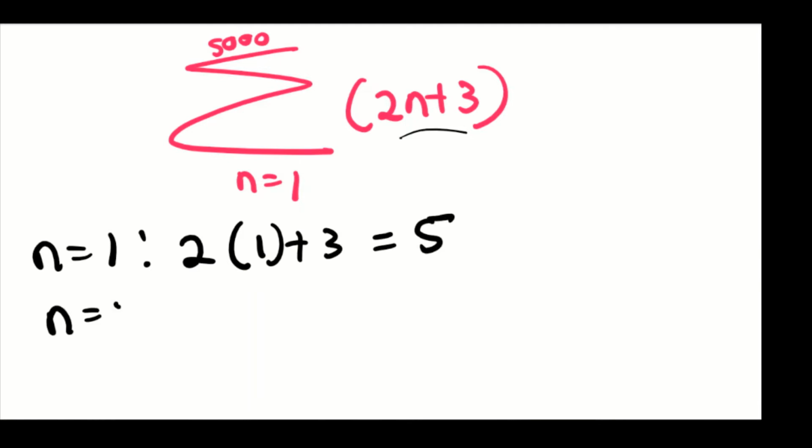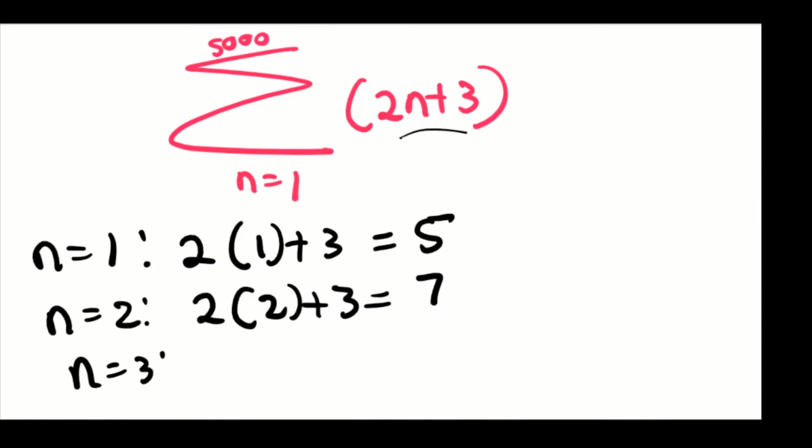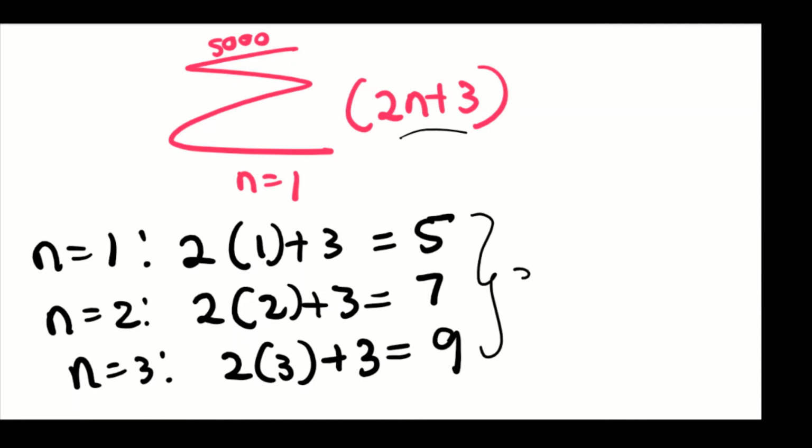When n is equal to 2, 2 times 2 plus 3 is going to give us 7, and when n is equal to 3, 2 times 3 plus 3 is going to give us 9. So these are the first 3 terms.